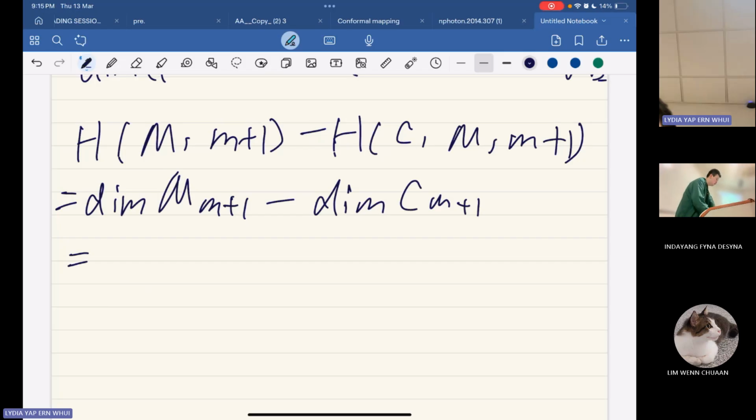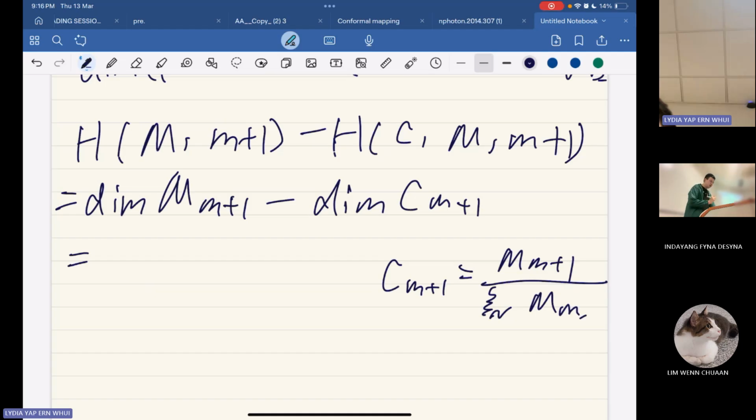Because we know that C(m+1) is M(m+1) quotient by the image of the multiplication by n, right? So if we consider the canonical map from M(m+1) to C(m+1), its kernel is this image, and we know the canonical map is surjective, right? So the image is just C(m+1).